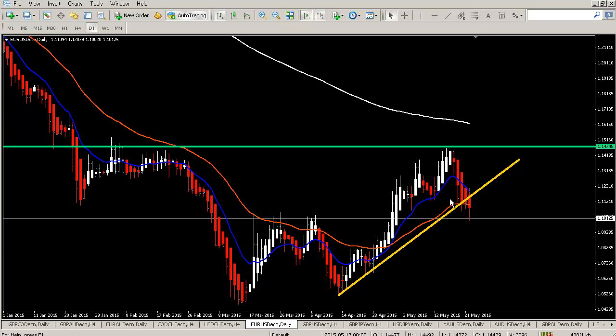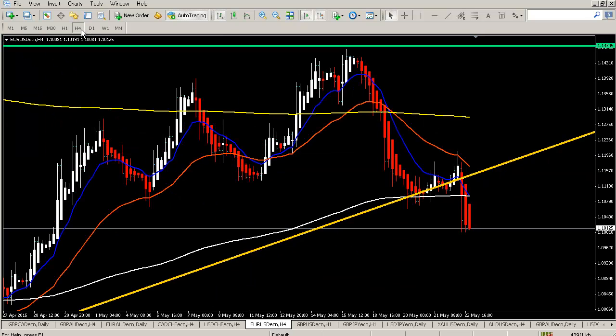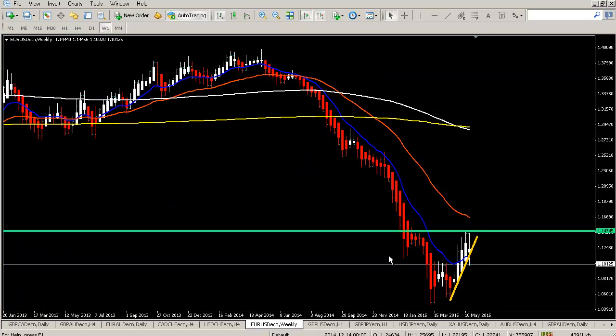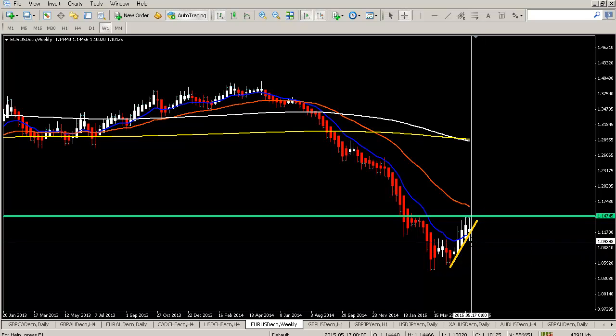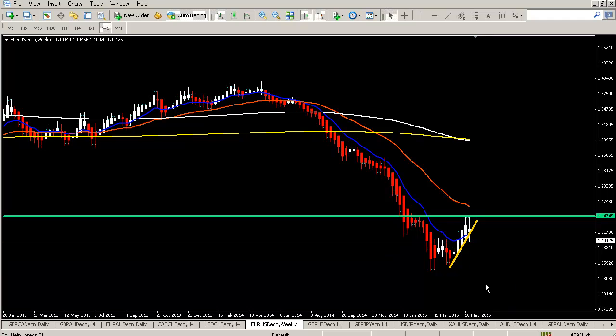Euro US dollar looks like it wants to move a little bit lower, so the value of the dollar against the euro is a little bit bigger now. On this weekly chart, it looks like a big weekly 1, 2, 3. So if that's the case and the euro wants to drop, it will probably drop very, very quickly to the 1-to-1 area.